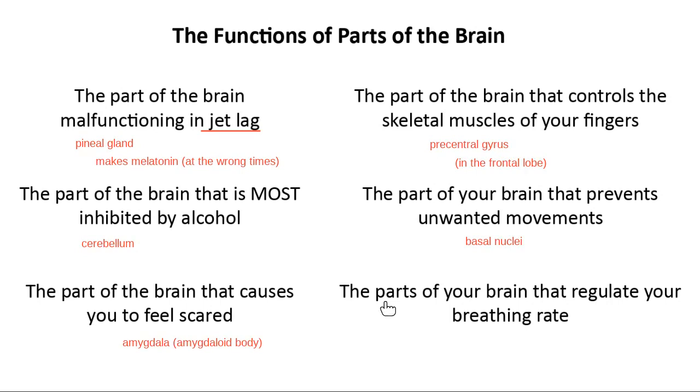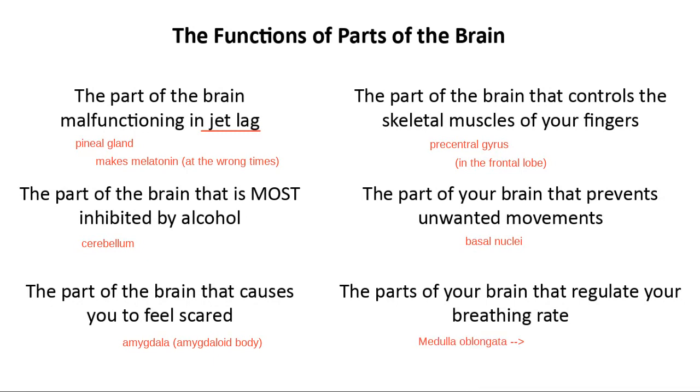And our last question here, asking about the parts, there are two of them, of your brain that regulate breathing. What are the two parts of the brain that do breathing? Yeah, so first one is the medulla oblongata.